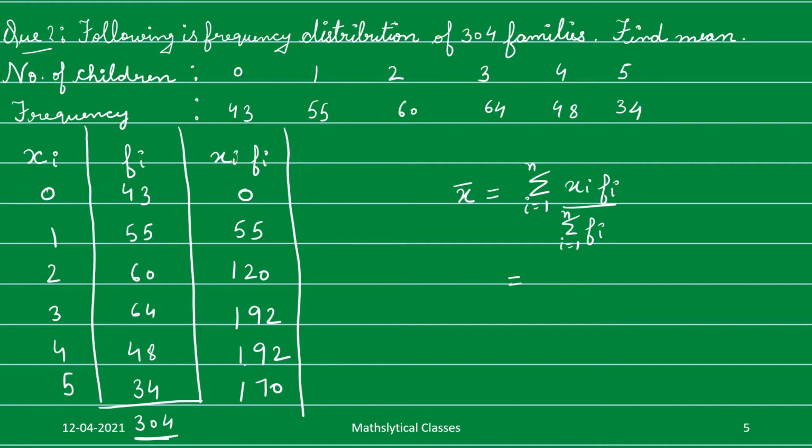You can check, this is coming out to be 0 plus 55 plus 120 plus 192 plus 192 plus 170, which is 729. So you'll write down here the value 729 divided by summation fi. Summation fi is 304. So just divide it and you will get the answer. It's coming out to be 2.3980. So that's the answer.